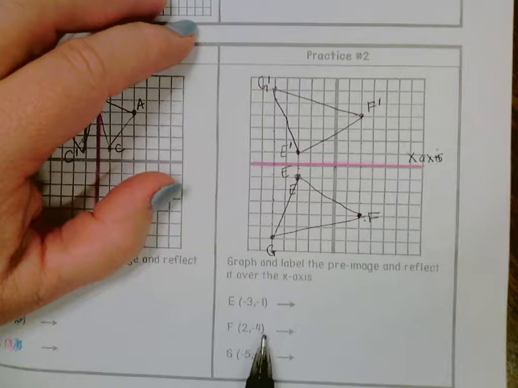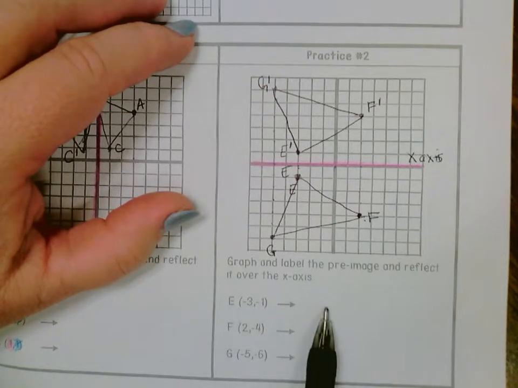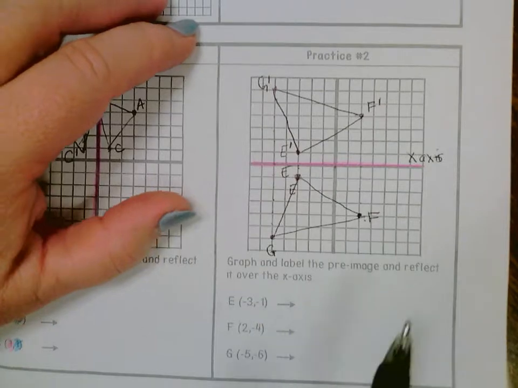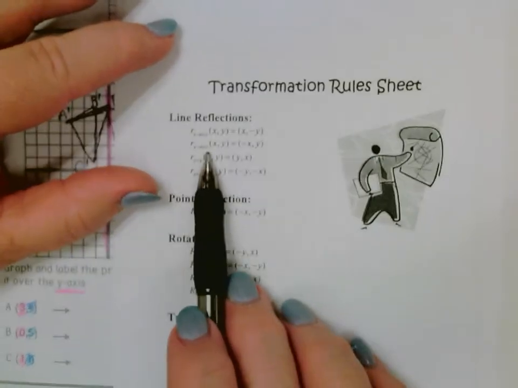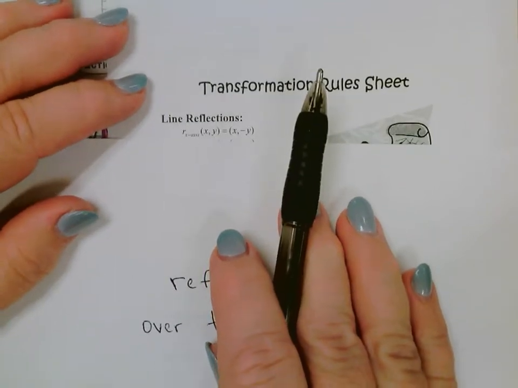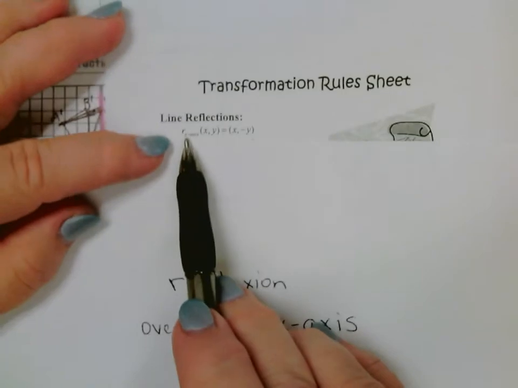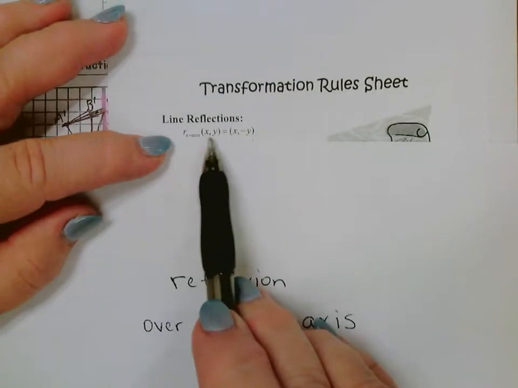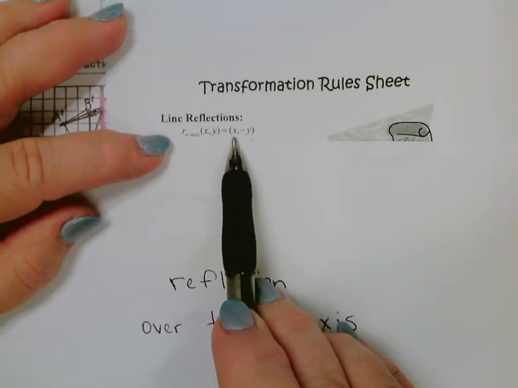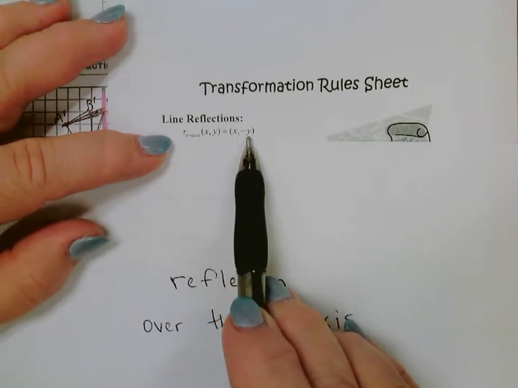Now, the problem asks us to give the points that it goes with. And this brings us back to our transformations rule sheet. So if I look at reflection over the x-axis, which is the first one for line reflections, it says that my x and y, when I reflect it, the x remains the same and the y becomes the opposite sign.